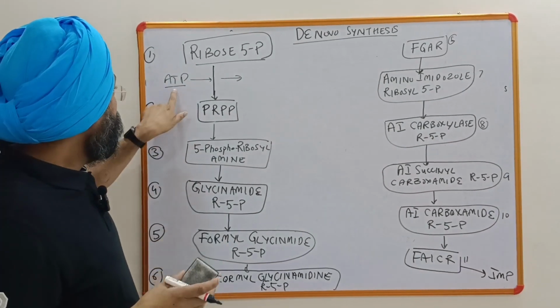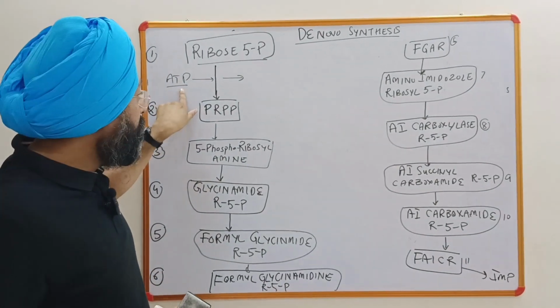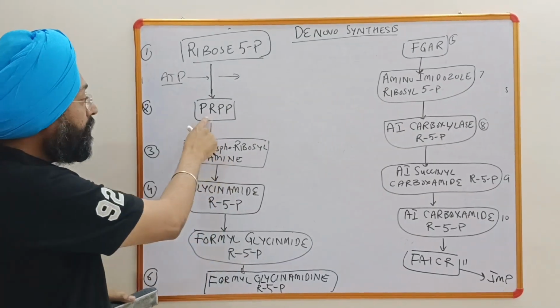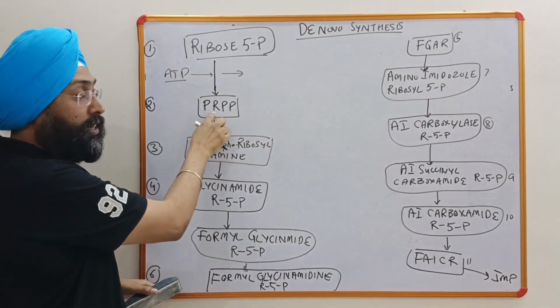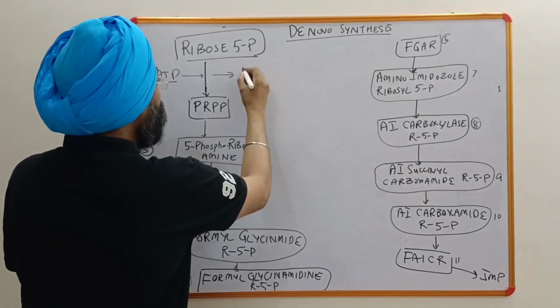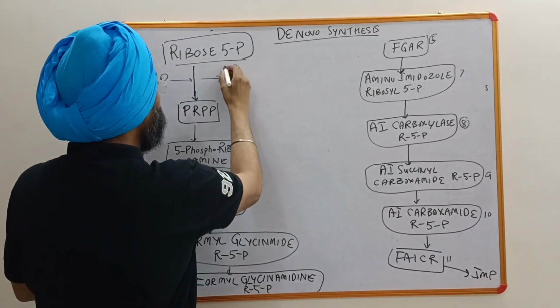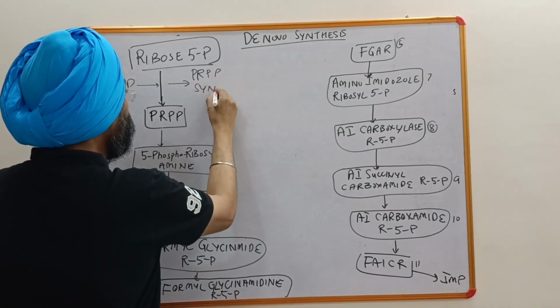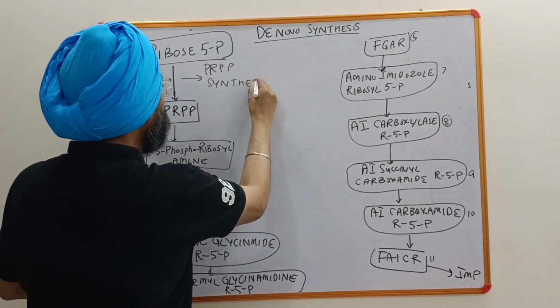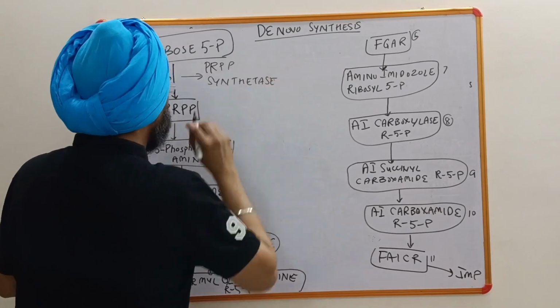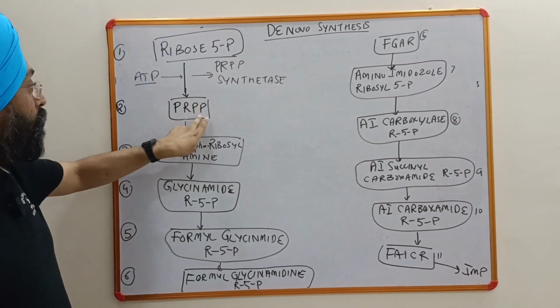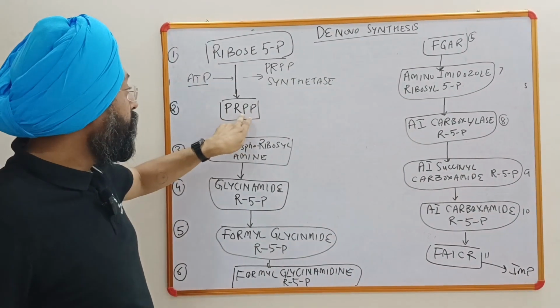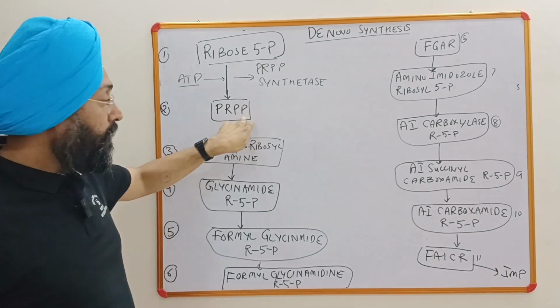I told you that whenever ATP is added, the enzyme will be a synthetase, and we are synthesizing phosphoribosyl pyrophosphate. The enzyme will be phosphoribosyl pyrophosphate synthetase, right? So we will get two pyrophosphates attached here. The molecule is phosphoribosyl pyrophosphate.